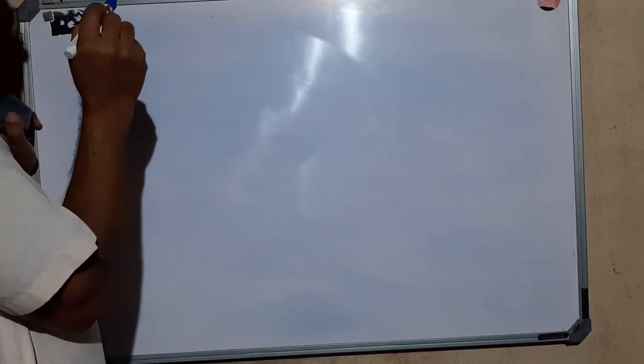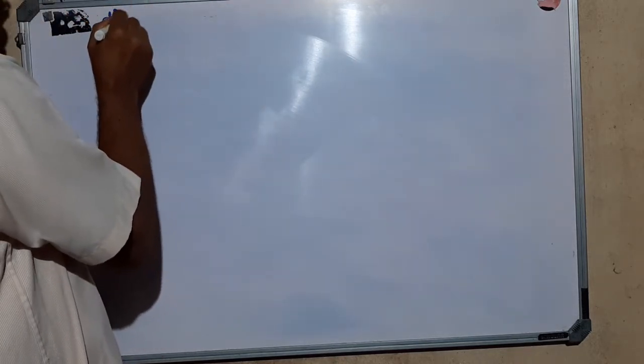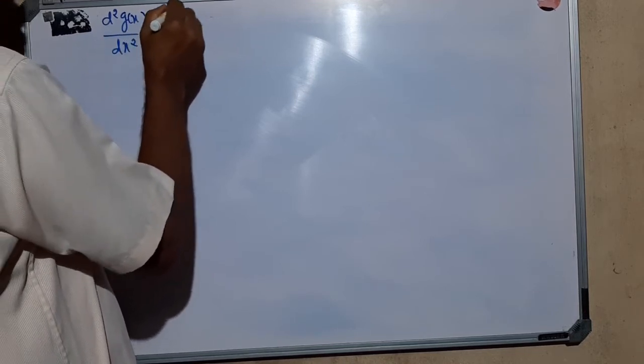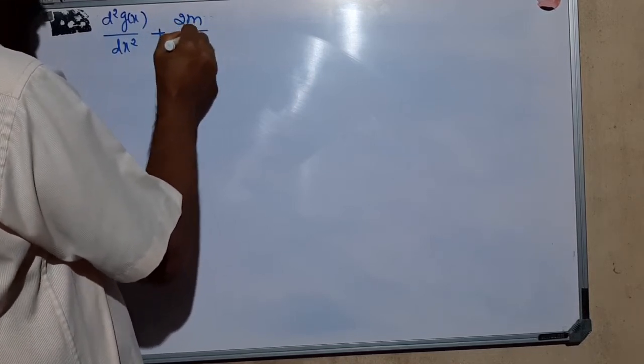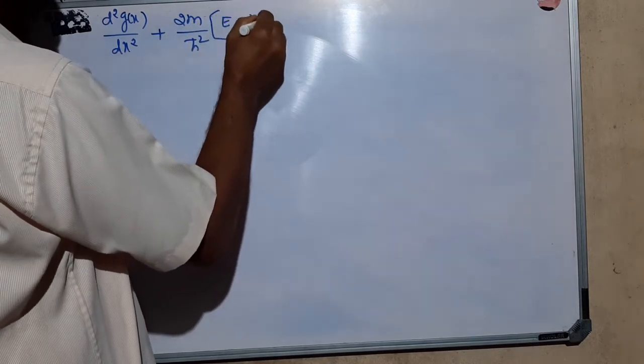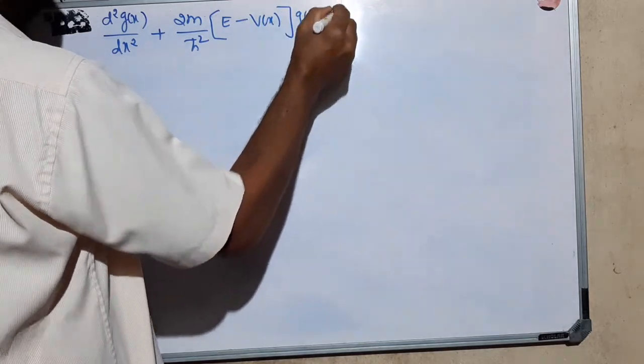In the Schrodinger's wave equation, I am replacing xi of x by g of x first, because it is an independent solution: d square g of x by dx square plus 2m by h cut square into e minus v of x into g of x is equal to 0.